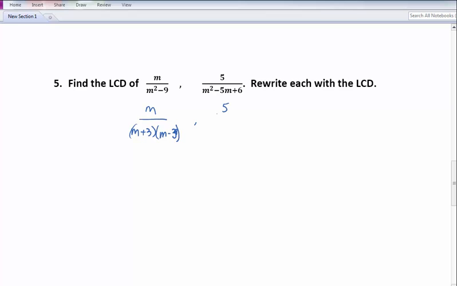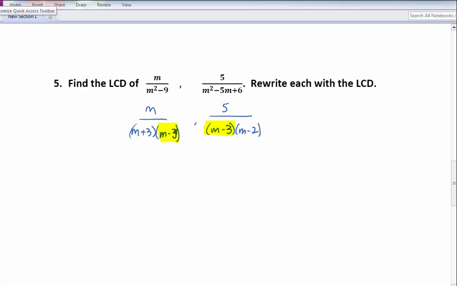And this second one, let's see, I think that's going to be an m minus 3 times m minus 2. So there's really only one factor that's in common in them. This has an m minus 3 to the first power, and this has an m minus 3 to the first power. And the other factors aren't in common.